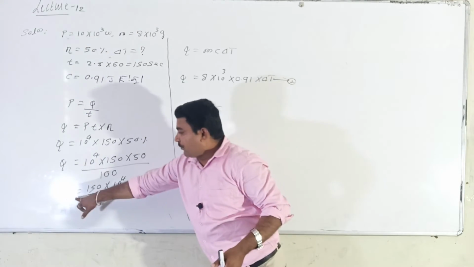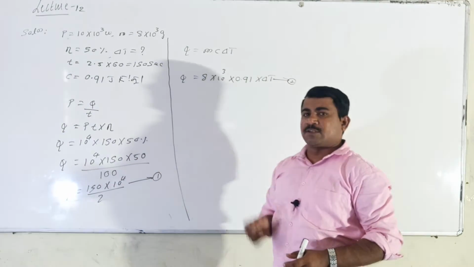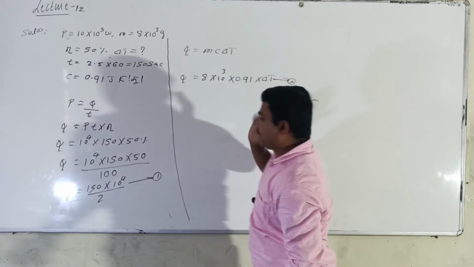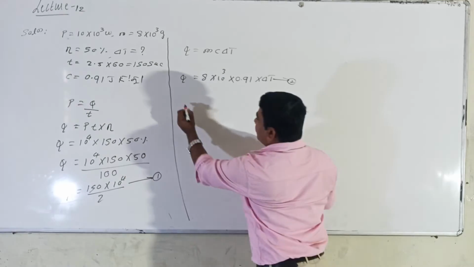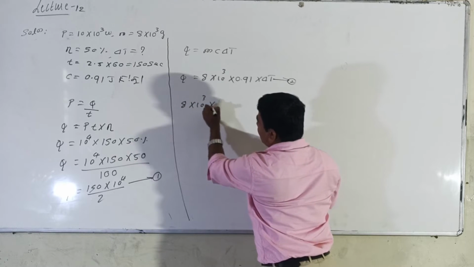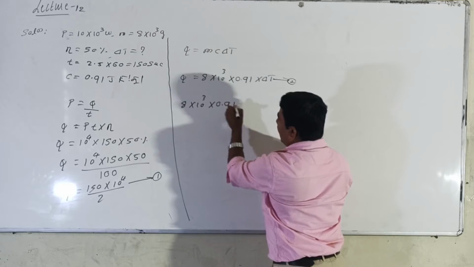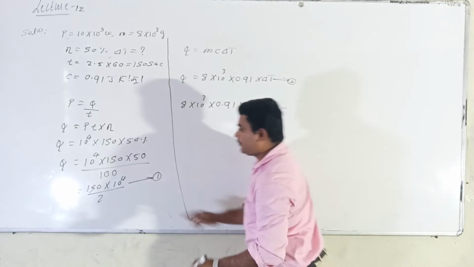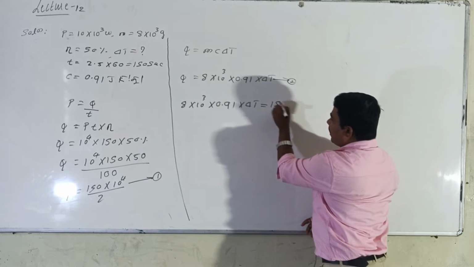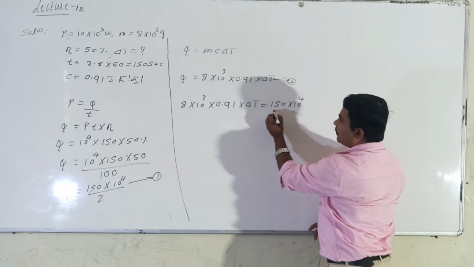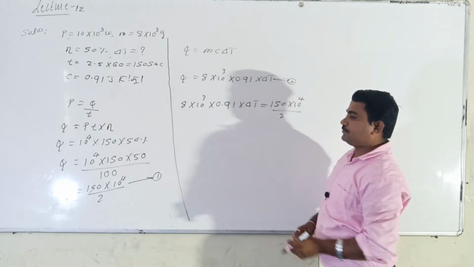Here also amount of heat energy, this also amount of heat energy. Just compare equation 1 and 2. I want to compare them. How to compare? 8 into 10 raised to 3 into 0.91 into delta T equal to this value. How much? 150 into 10 raised to 4 whole divided by 2.